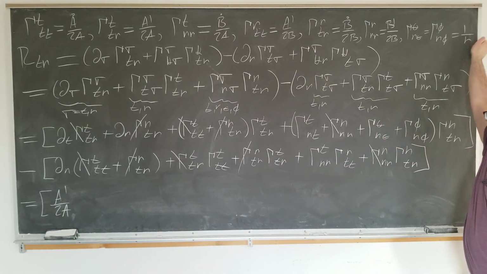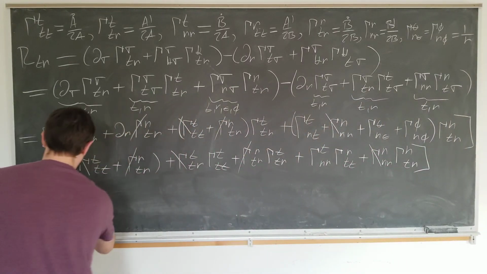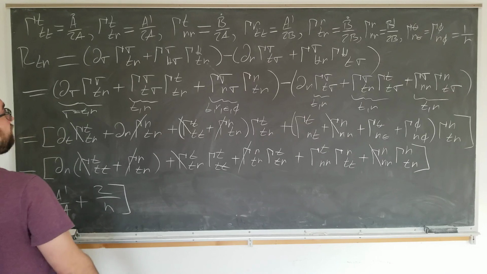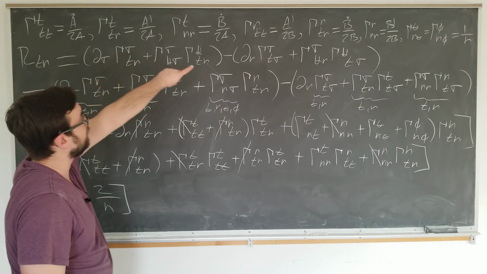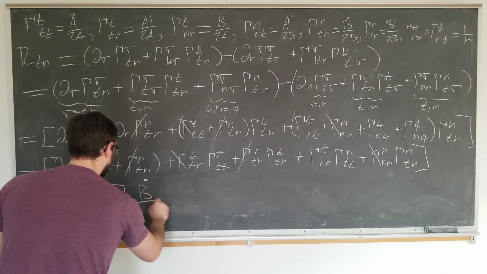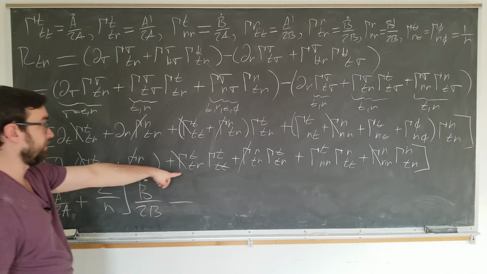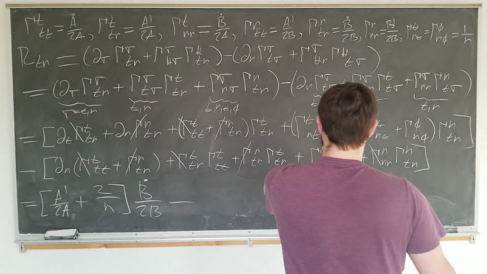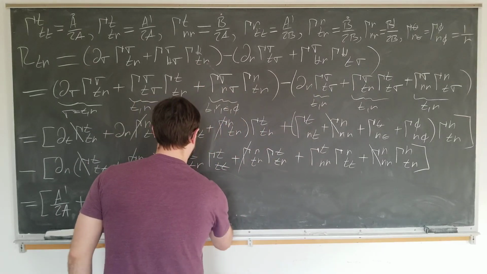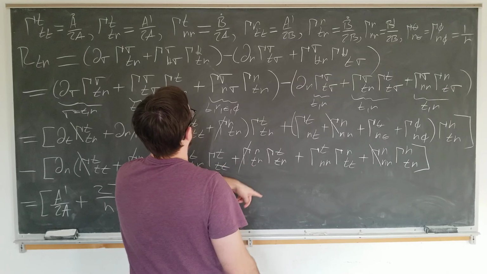If I add 1 over r plus 1 over r, it's 2 over r. And now I have to multiply that by RTR, which is b dot over 2b. And now I have to subtract off the solitary term on the bottom. That is TRR times RTT.